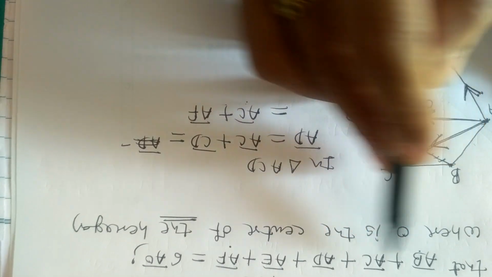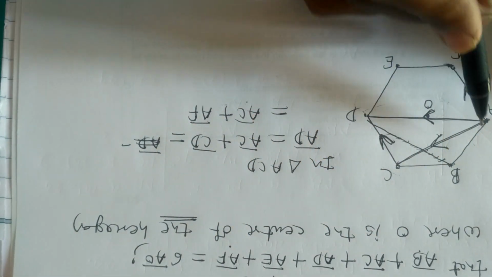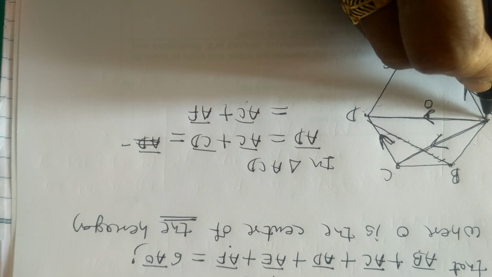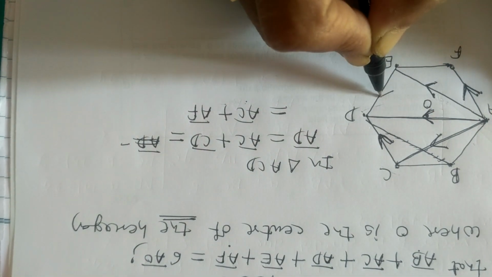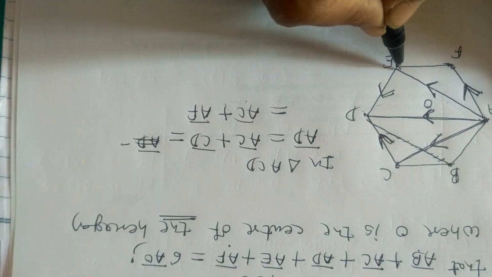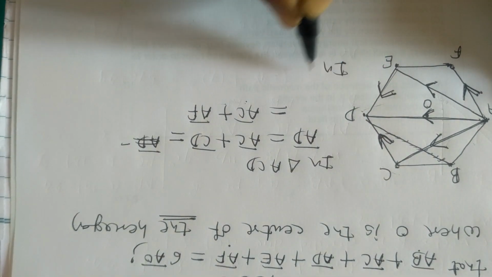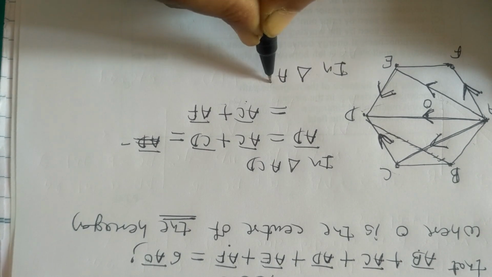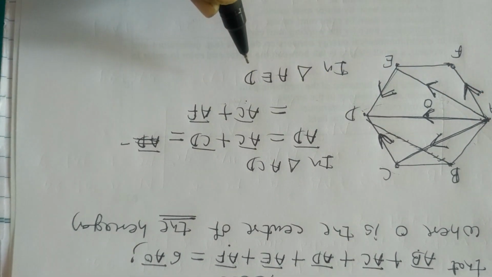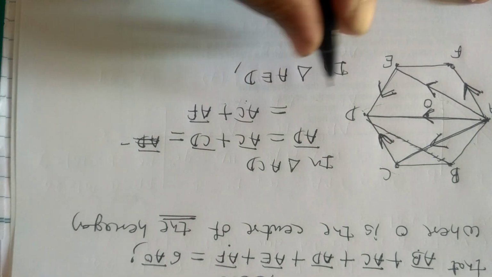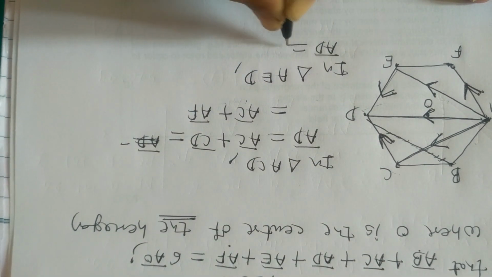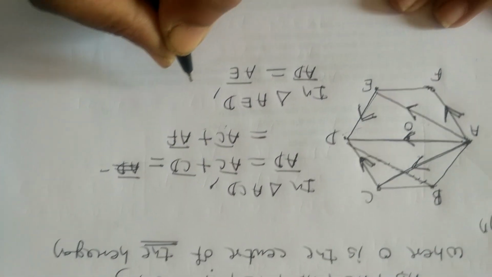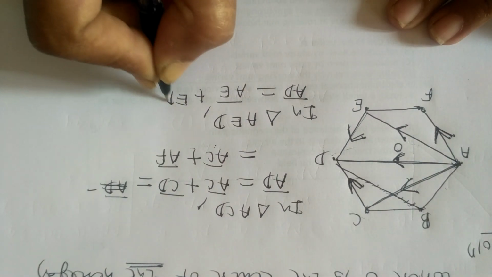Now the remaining two vectors are AB and AE. So now we take the second triangle. In triangle AED, by using the triangle law, AD bar is equal to AE bar plus ED bar.